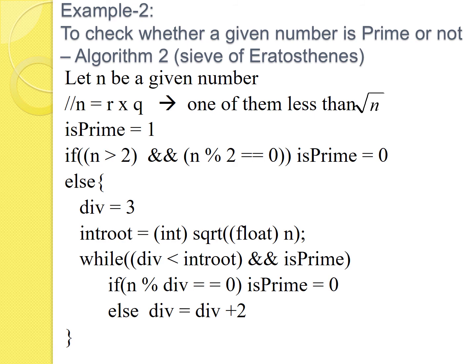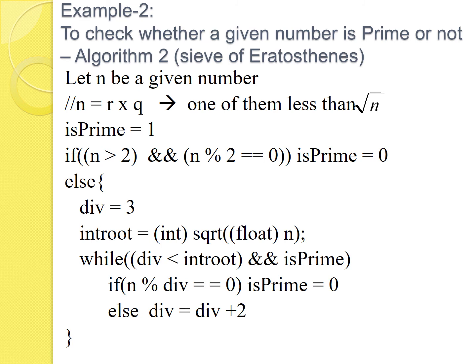Hence, in this algorithm, we find the square root of n and loop through all the numbers less than the square root of n and find whether n mod those numbers equals 0. If it equals 0, then we set the is prime flag variable to 0, indicating that n is a composite number. If none of the numbers less than the square root of n divides n, then n is a prime number.